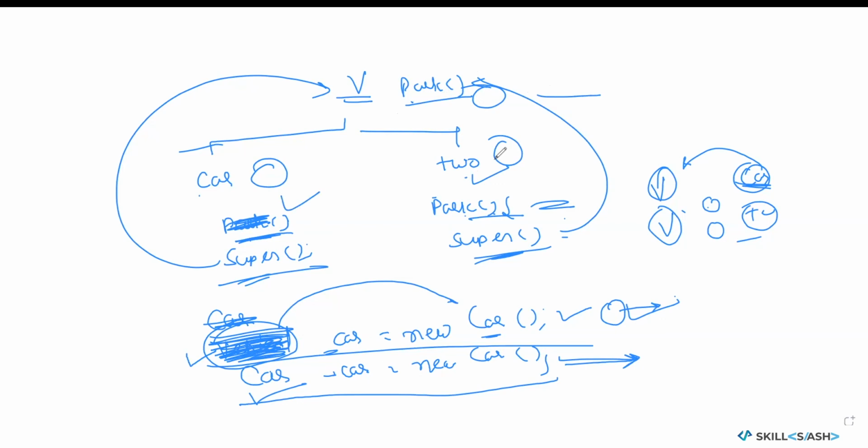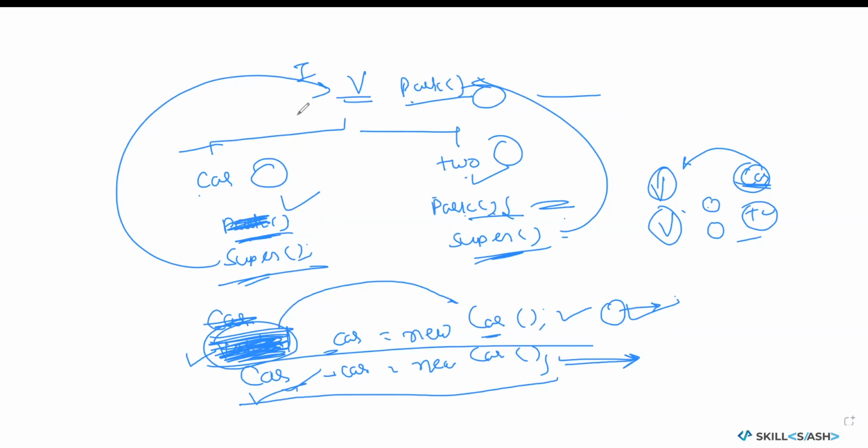And when you are creating an interface, generally in industry, we do not create an object of type vehicle. It will be of type car only, which I want to use. I'll just say class car implements vehicle, class two-wheeler implements vehicle, instead of extends.